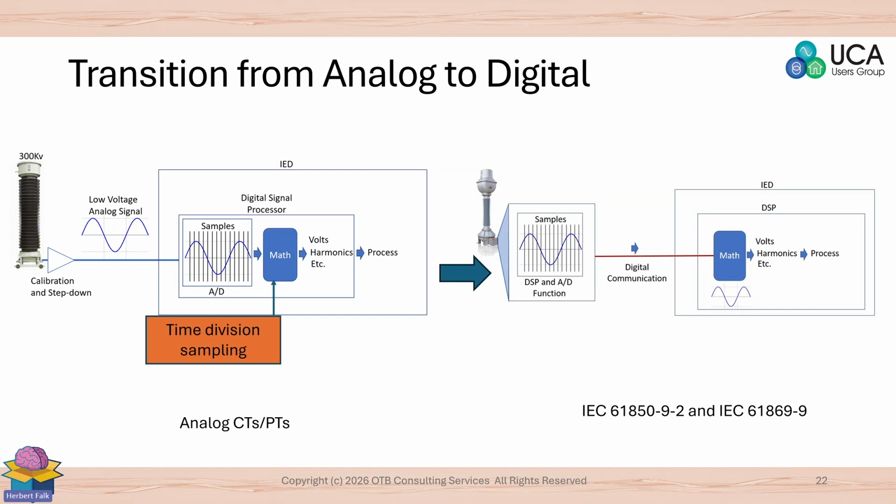So for every connection to an IED from a CT or a PT or VT, you have a cable. As opposed to doing merging units where basically the DSP is put in close proximity to the CT or VT, and the DSP actually sends digital communications to the IED.